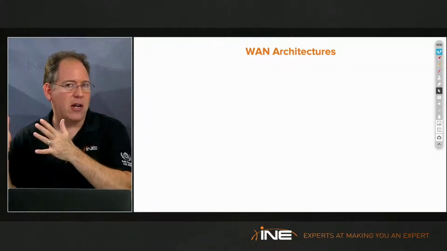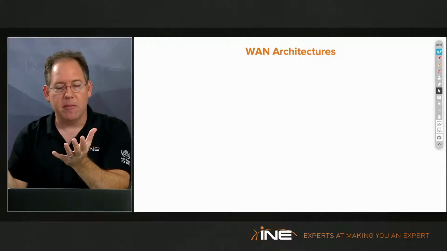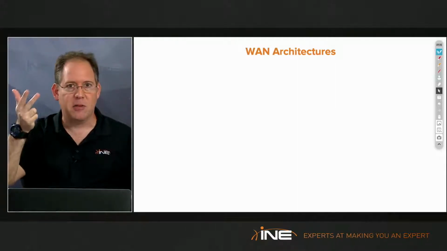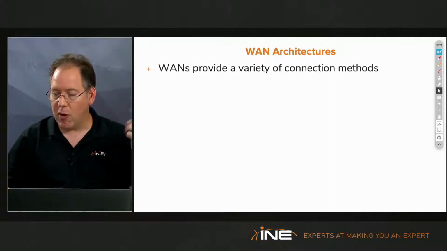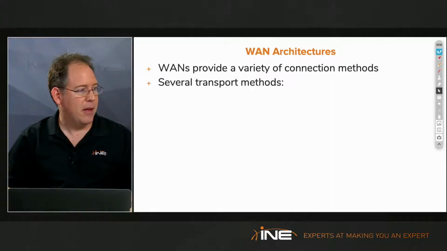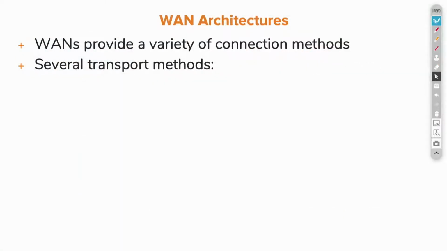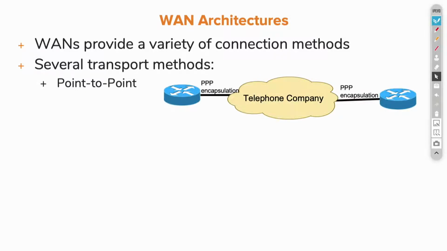And just like there's different architectures that we can build within our company, like 2-tier, 3-tier, or spine leaf, there are different WAN architectures as well. So there's a variety of connection methods, and these basically break down into 3 different architectures. One architecture is point-to-point, which means that you've got, for example, an office maybe in Boston, and maybe another office in New York City.